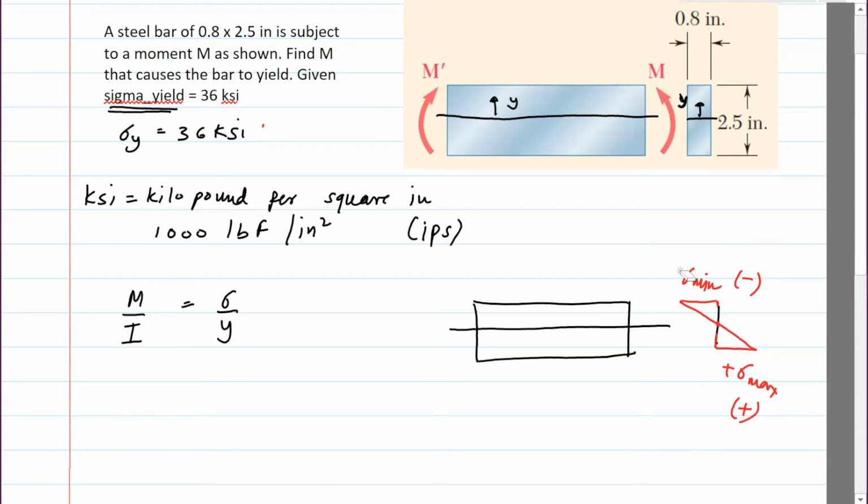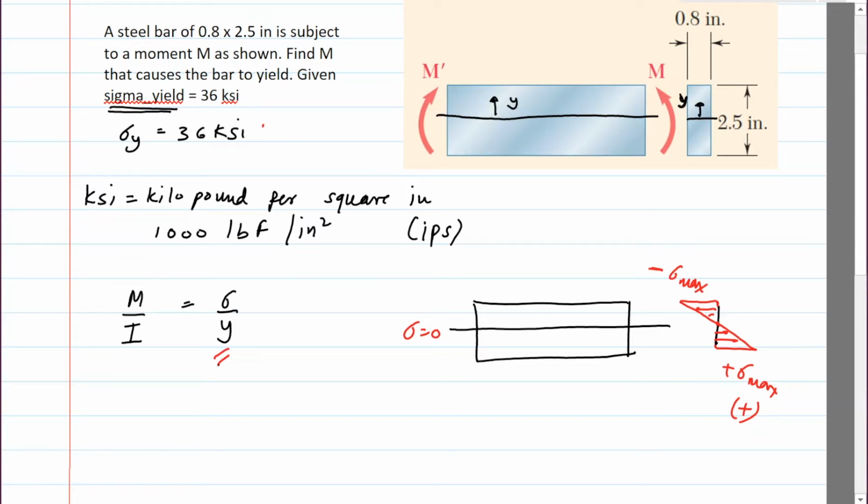In fact, sigma max is equal to sigma min in magnitude, but with a negative sign. So that's the stress distribution. It's always 0 on the neutral axis and increases to a maximum value on the edges where this y is maximum.